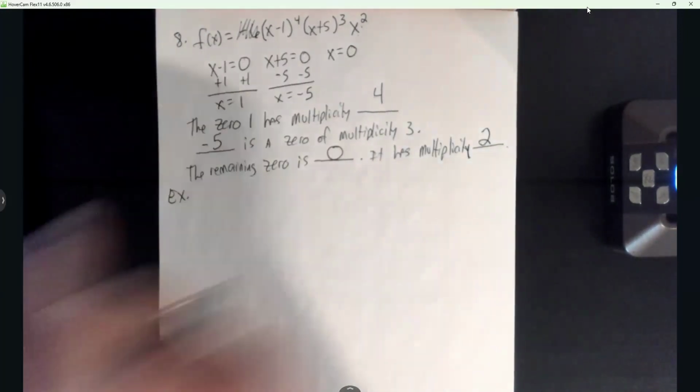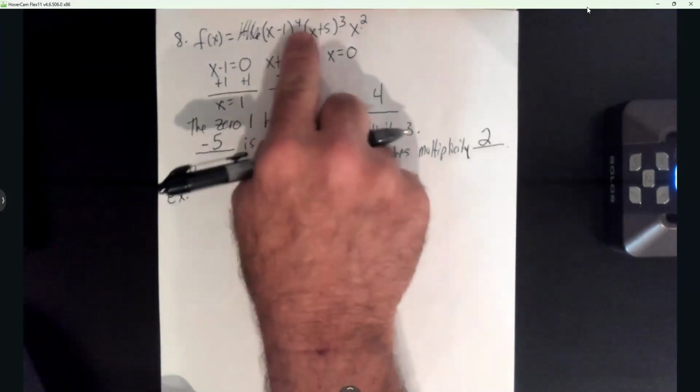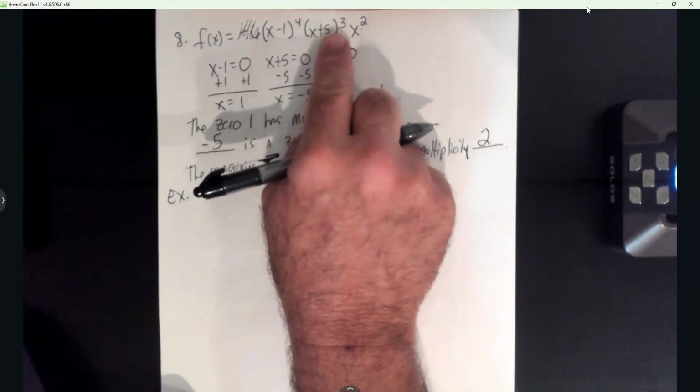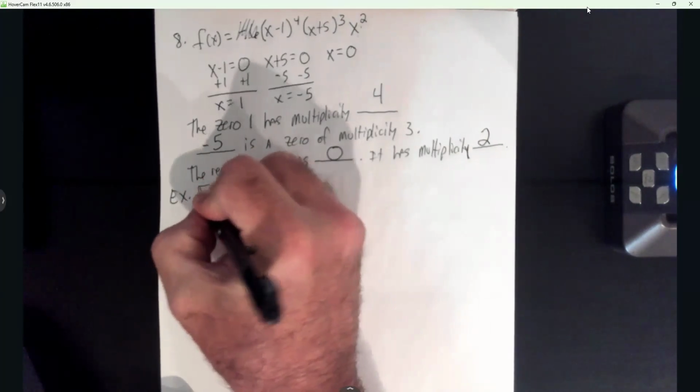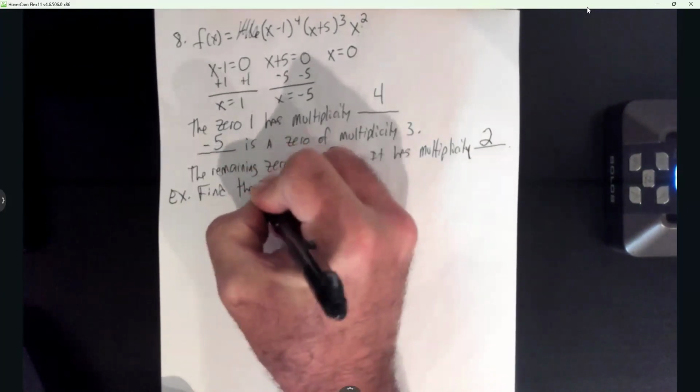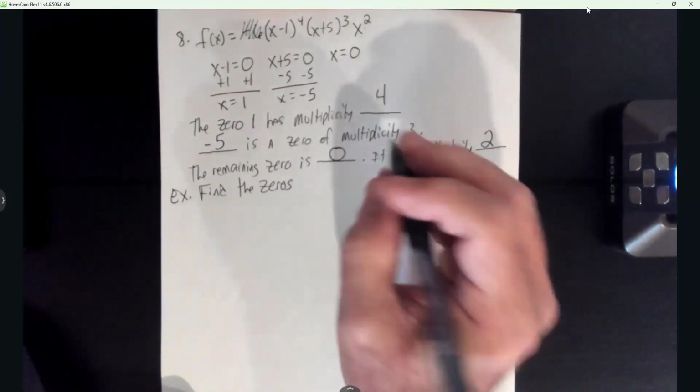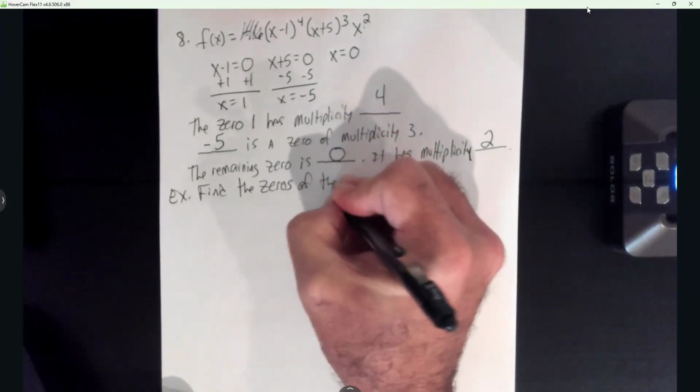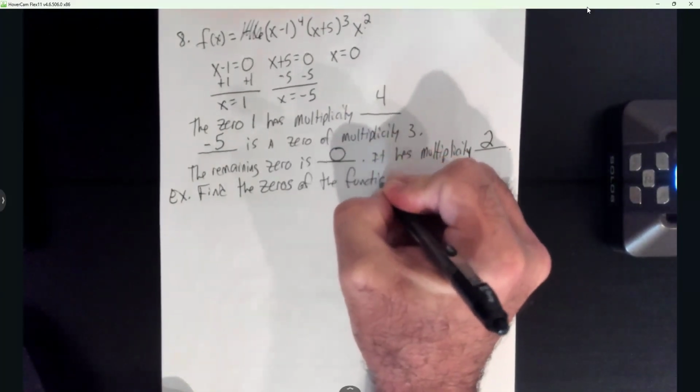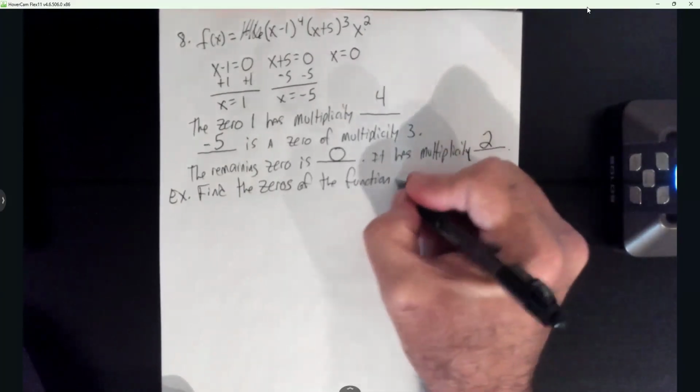But it's doing the same thing, except they're not starting out like this. We got to get it to looking like that, okay? So we're going to find the zeros of the function and their multiplicities.